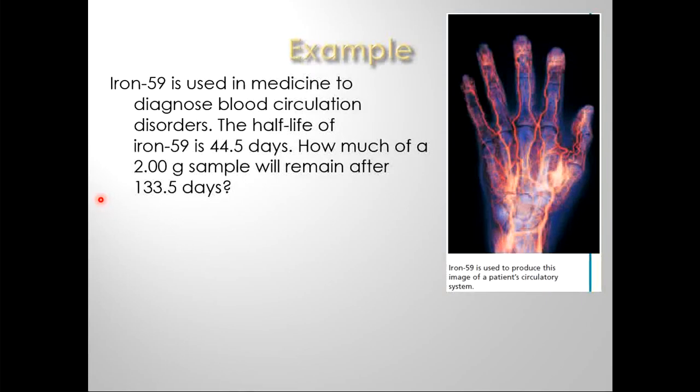Let's take a look at this example. Iron 59 is used in medicine to diagnose blood circulation disorders. The half-life of iron 59 is 44.5 days. How much of a 2-gram sample will remain after 133.5 days? Let's go ahead and write down some information that it provided for us.